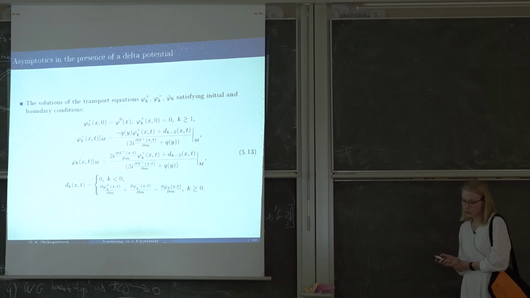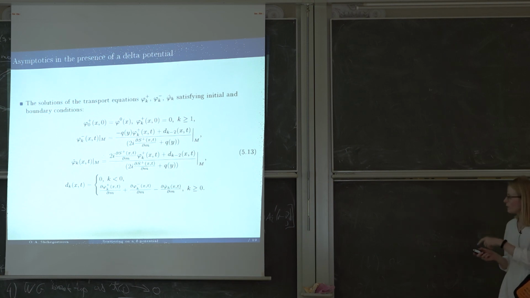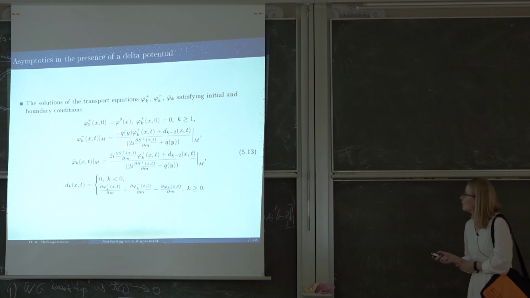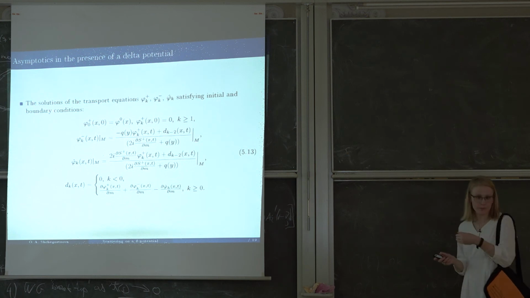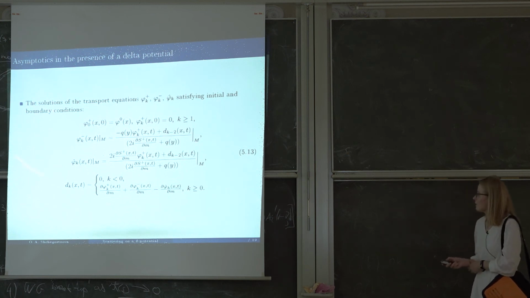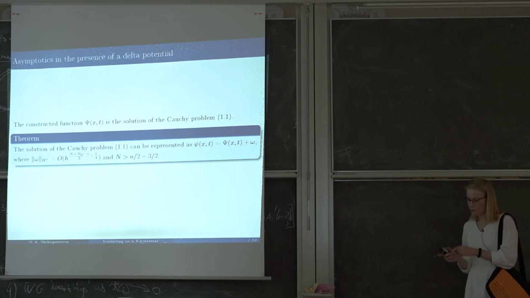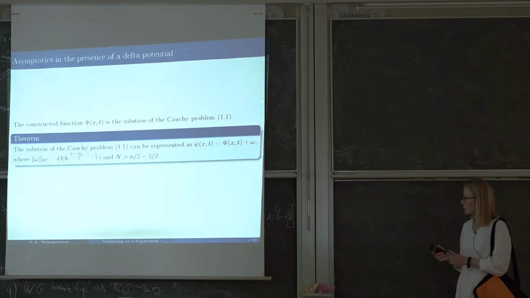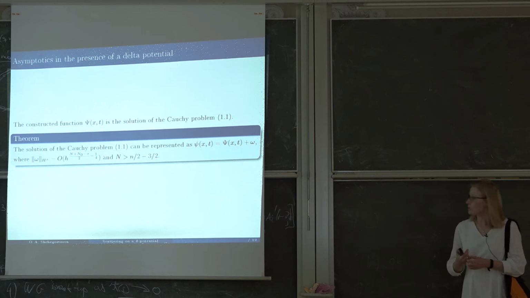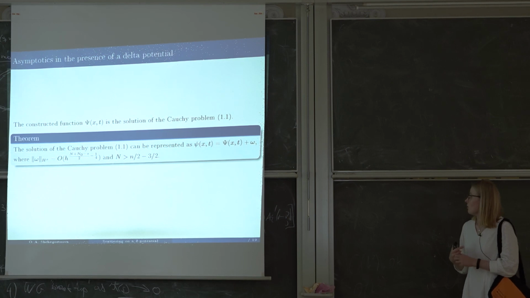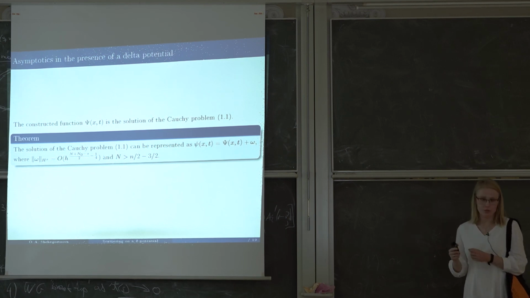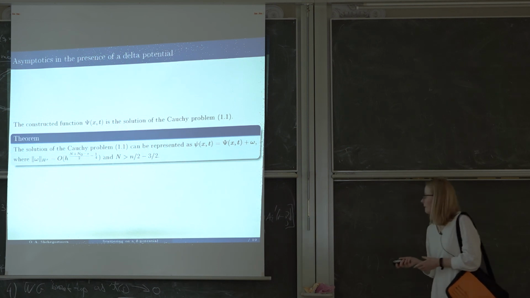For the transport equation, we will define our functions also on the surface M, with these conditions. So we constructed the solution of the Hamilton-Jacobi equation, and we constructed the solution of the transport equations. That means that we constructed the solution of the Schrodinger equation with the delta potential and complex phase. And we have the following estimates.